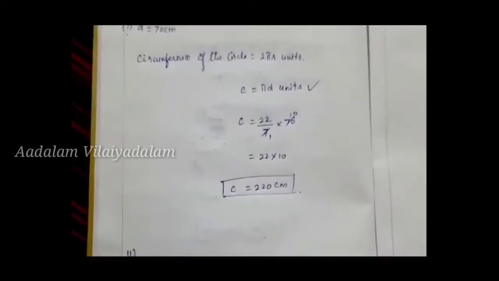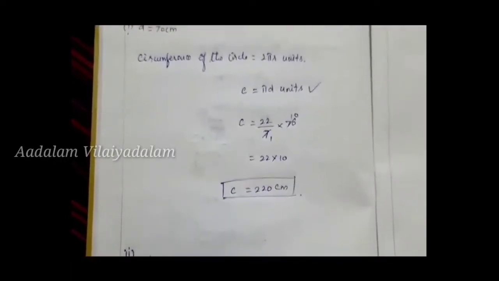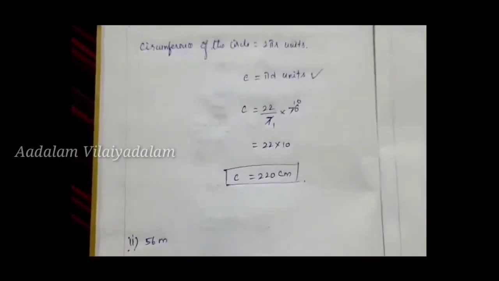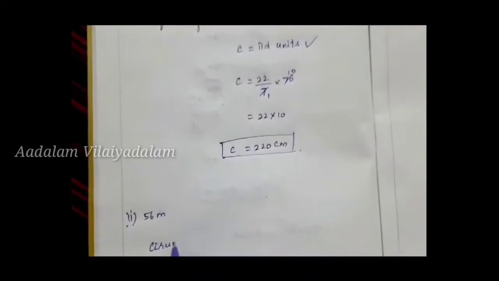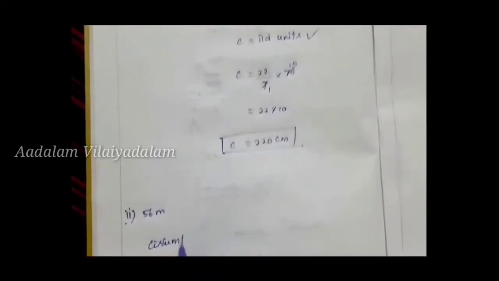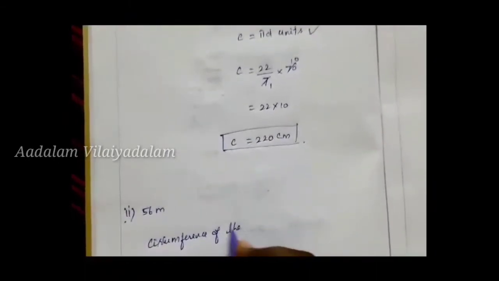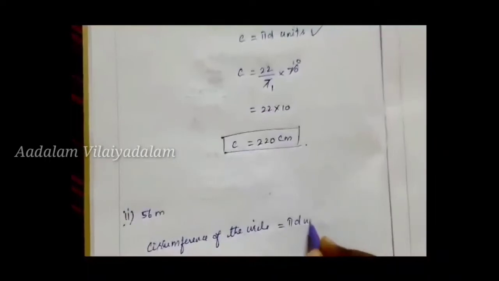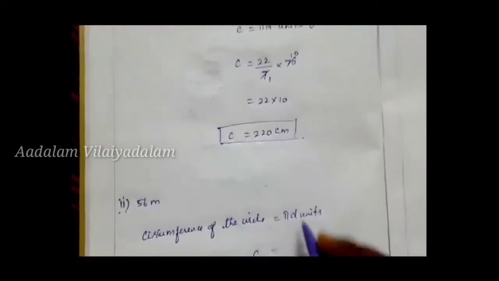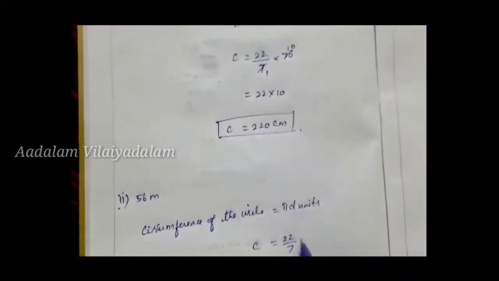For the second subdivision, they have given 56 meter. So circumference of the circle formula is equal to pi d units. Here the pi value is 22/7.